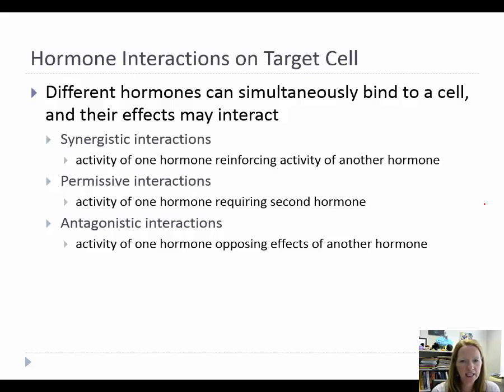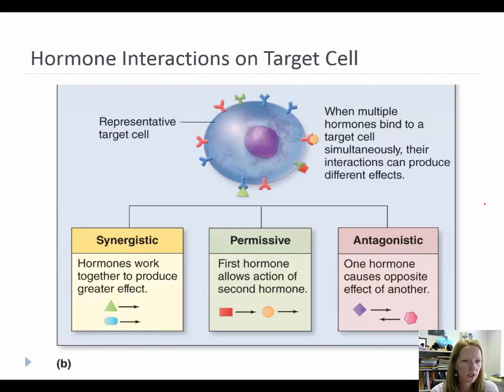And then you can have antagonistic interactions, where one hormone opposes the effects of another hormone. So let's talk about some examples of these so we can understand what I am talking about. Let's start with antagonistic, because I think it's always one that's a little bit easier to understand.